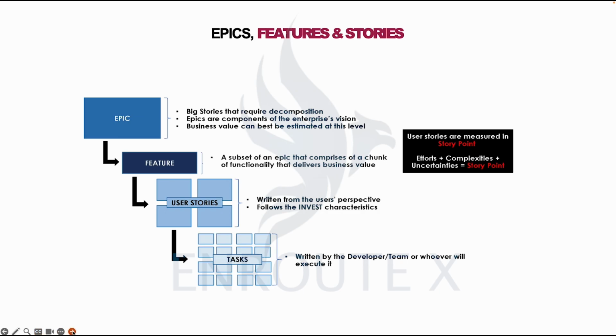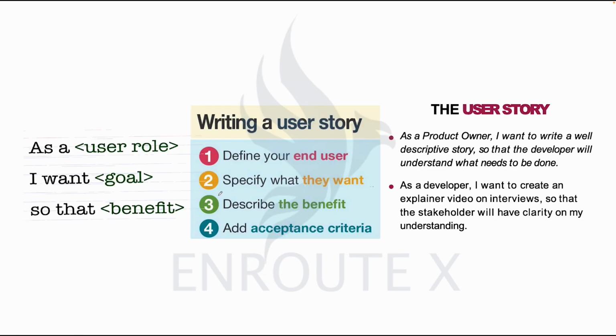Next slide, please. So here is what we call the user story, and this is the format for user story. Writing a user story, it has three elements: the user, the goal, and the benefits.